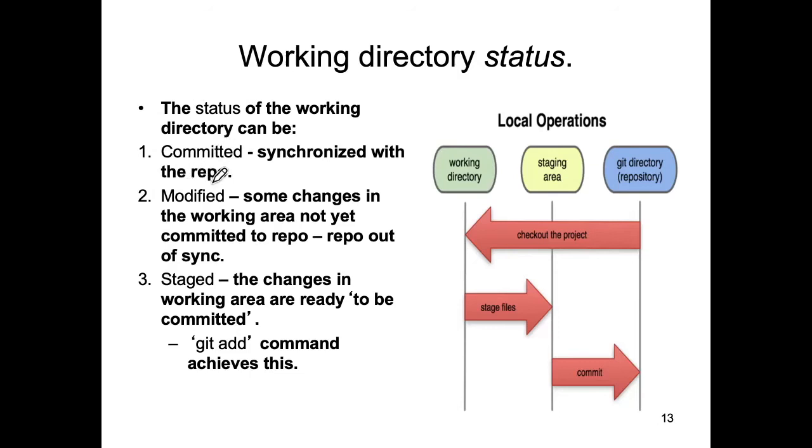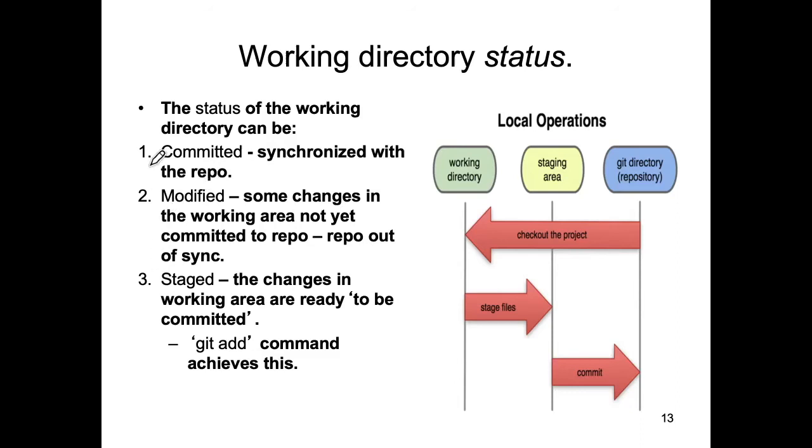The modified status means that you've made a commit to the repository, but then you did some edits in the working directory. So now we would say that your working directory is in a modified state. It has changes made to files that have not yet been recorded in the repository. So we'd say that the repository is out of sync with your working directory.